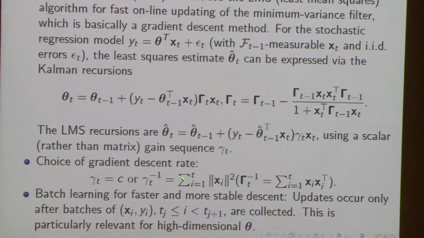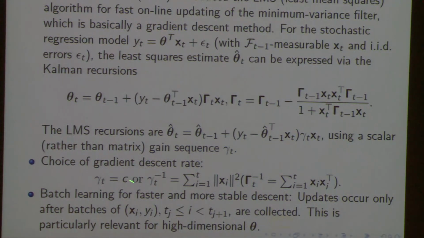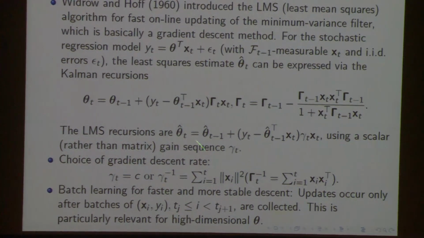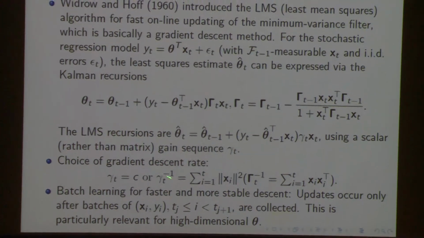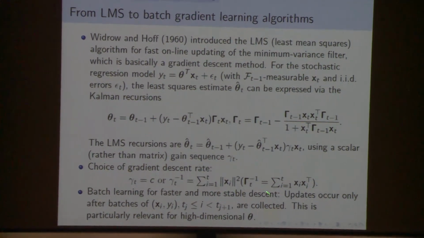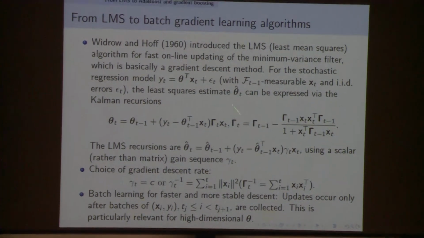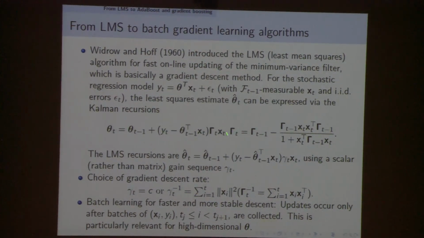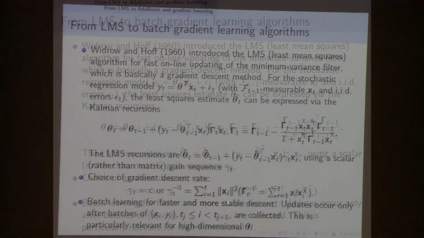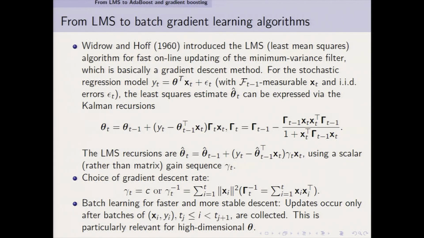That's the learning rate or the gradient descent rate, being constant, or normalized by taking the inverse of the sum of squares, the norm of the x_i squared. And if you think of this in recursive least squares, actually this gamma_t is the covariance matrix, the inverse of the sum of x_i x_i transpose. So instead of taking the matrix, you use this.